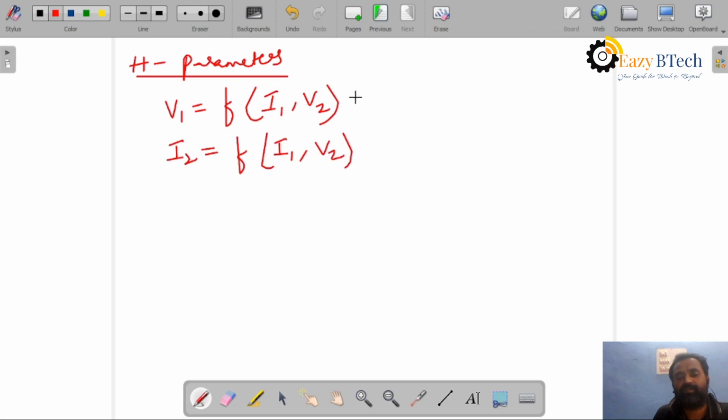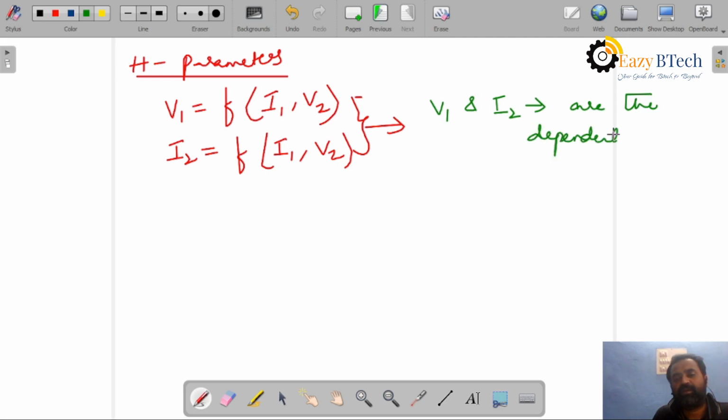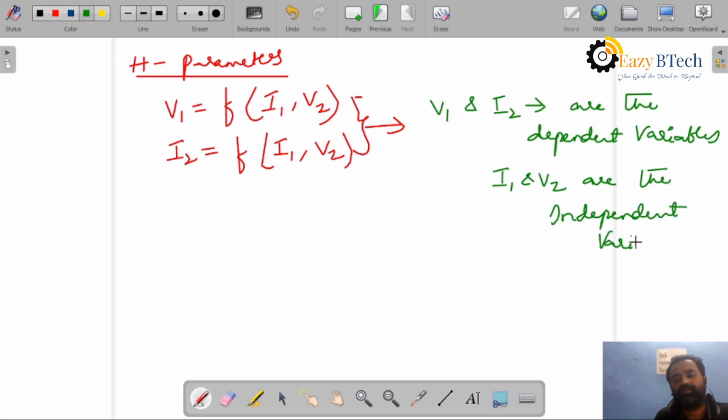Now here you can see V1 and I2 are the dependent variables, I1 and V2 are the independent variables.